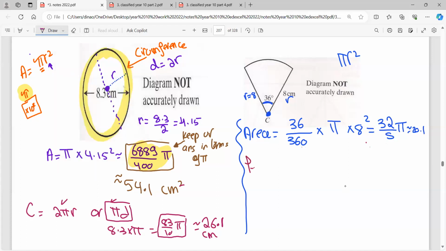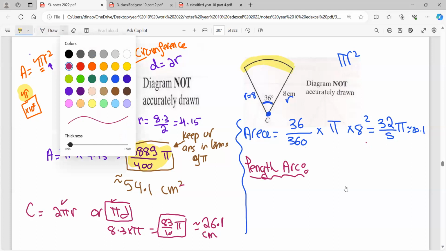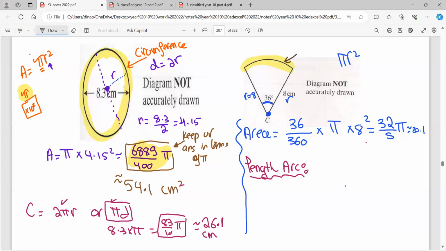So this is for the area. Now what is the second question that I might be asked? The second question is find the length of the arc of the sector. The arc of the sector is a part of the circumference. So if I wish to calculate the length of this arc, I will not use the area of the circle, I will use the circumference rule of the circle. And again, what will I multiply this circumference with?